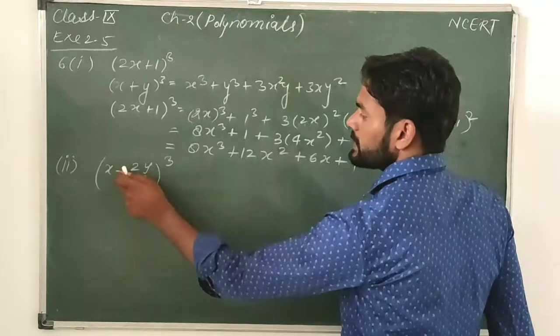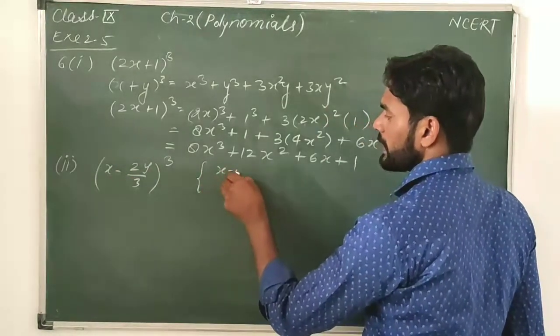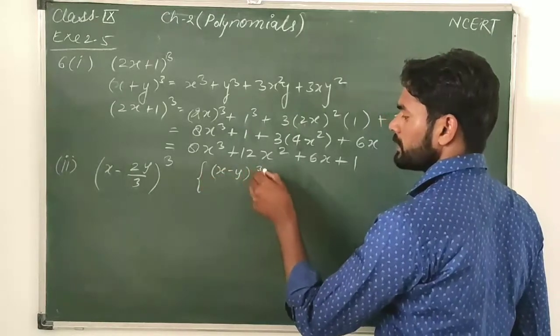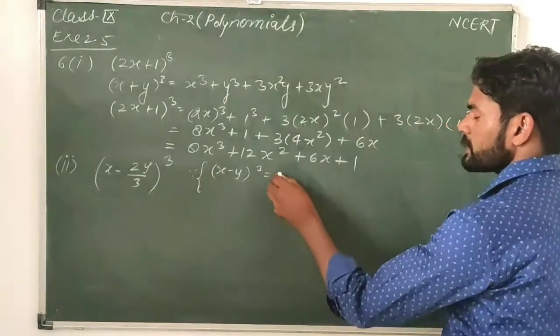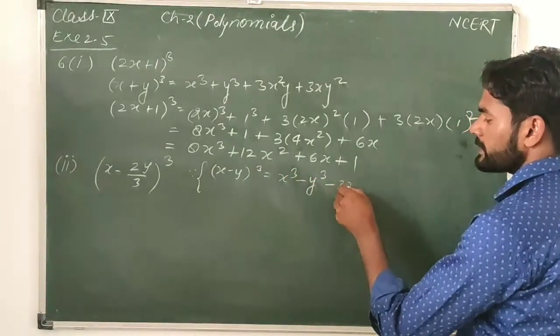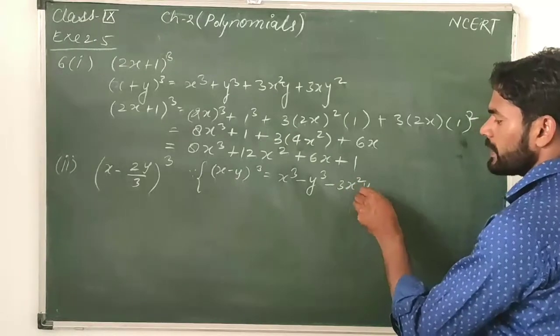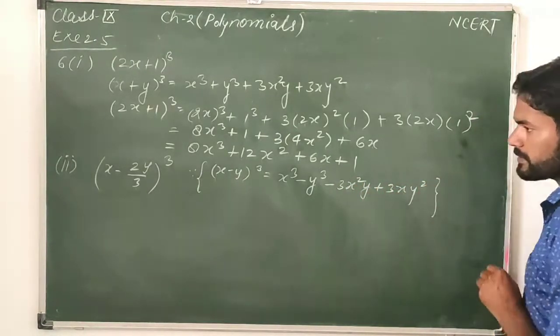Here the minus symbol is given, so the identity for it: (x minus y) whole cube is equal to x cube minus y cube minus 3x square y plus 3xy square.